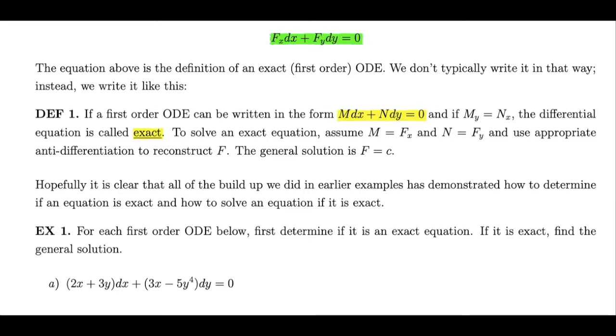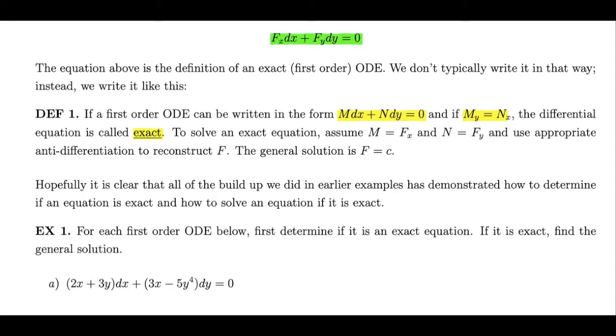But as we pointed out above, I can't just pick any pair of M and N and be able to reconstruct a capital F out of them. There is the additional requirement that this partial derivative expression M sub y equals N sub x must be true. So if our differential equation has this general structure and this relationship holds between the two component expressions M and N, then we do have an exact differential equation.